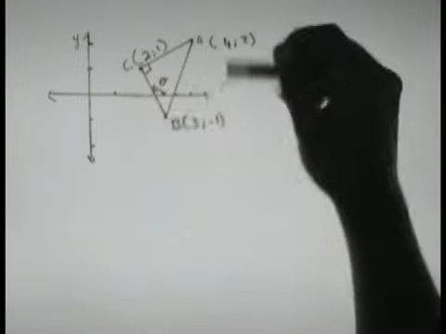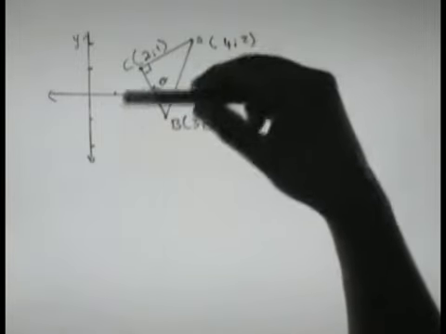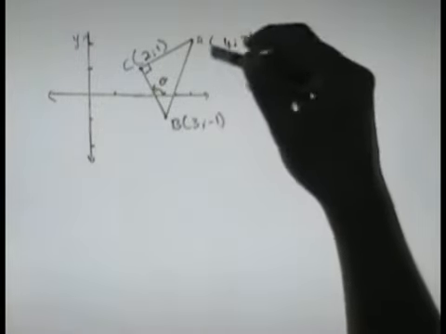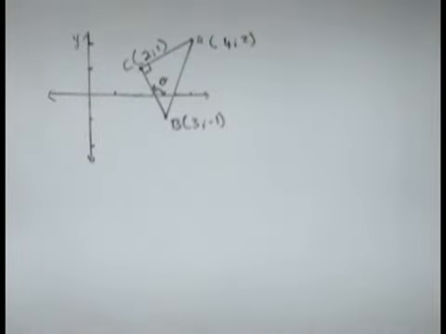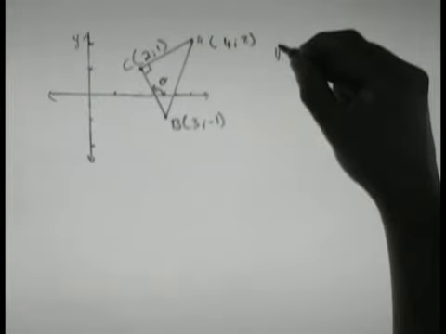I'm going to start by proving that this is a right angled triangle. You don't need to do that whenever you're working with perpendicular gradients. I'm just doing that to show you that this is in fact a right angled triangle. The way we're going to do that is use the distance formula.